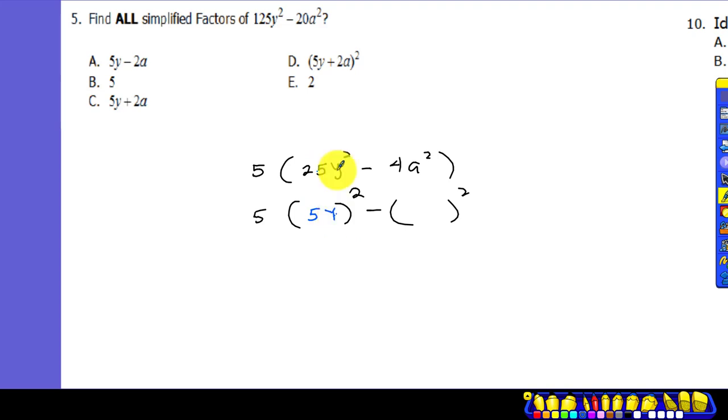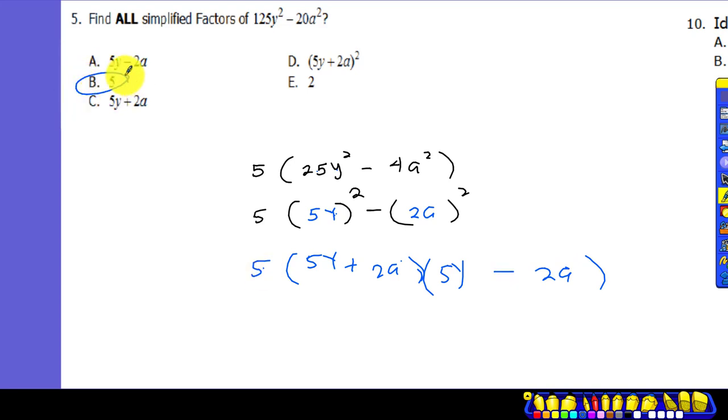Y times y is y squared. What about for a squared? 2 what? Alright, so there we go. We have a perfect square. So your answer should be 5. Just copy the 5y. Then the 2a, plus minus or minus plus. So find all simplified factors. So 5 is one of the factors. 5y plus 2a. And then 5y minus 2a. Okay? So that's how we answer this question.